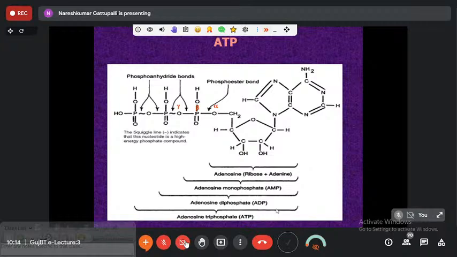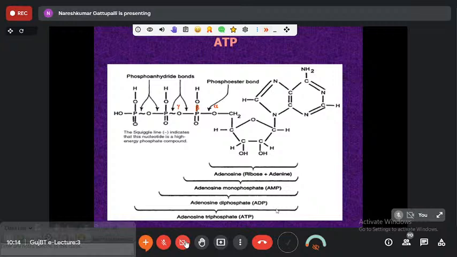If you remember some of the organic chemical reactions, this makes all the reactions proceed in an activated form so that they can happen at room temperature.